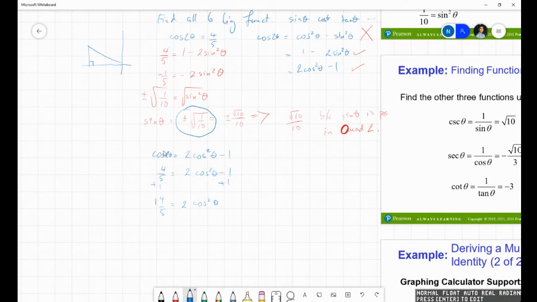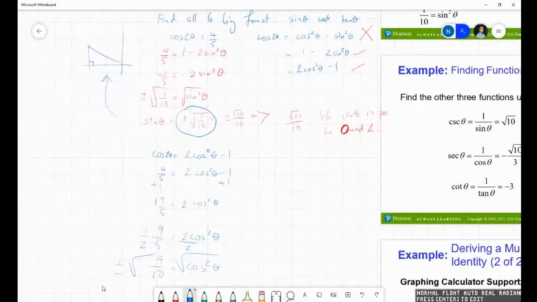We don't actually have to go here because that's the nice thing about this triangle. But I'll show you both methods so you can see that they both work. All right, so here this is 9/5. Let's divide by 2 or multiply by 1/2, same thing. So we have 9/10 equals cosine square.